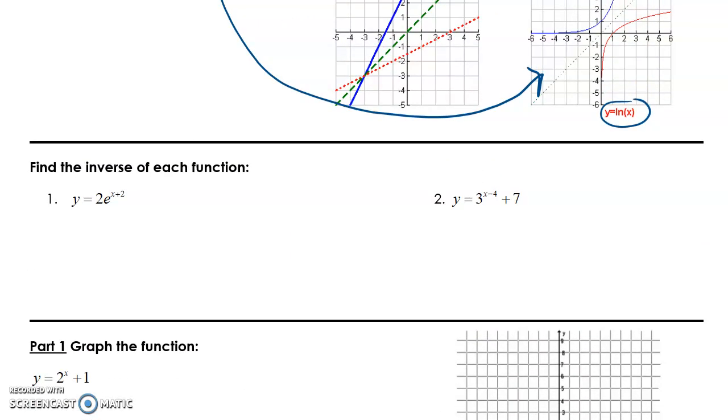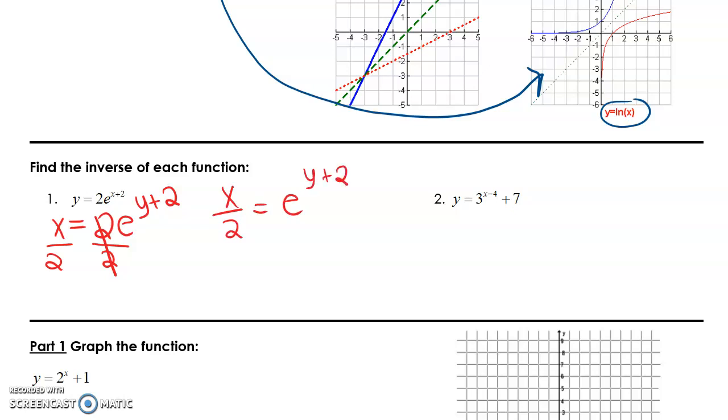To find the inverse of a function, we need to start off by switching x and y. So I'm going to write down that x equals 2e to the y plus 2. I've switched x and y. I'm going to isolate my exponential term by dividing both sides by 2. So I get that x divided by 2 equals e to the y plus 2.